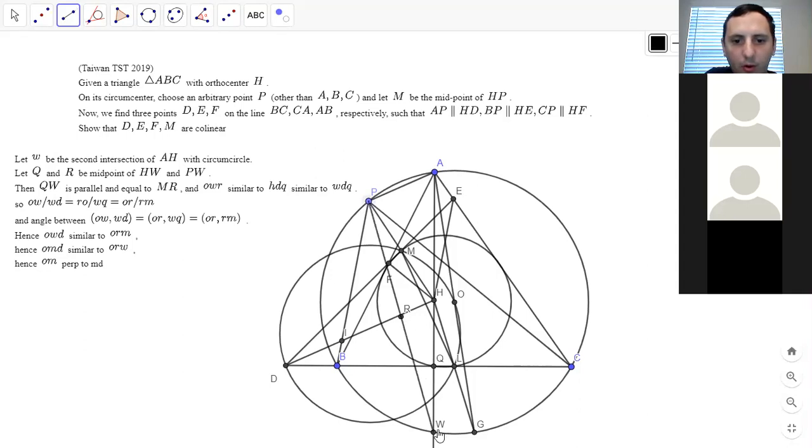Okay, so ORW is similar to HDQ. I think that would be similar to WDQ. So OW over WD equals OR over RM. Interesting.